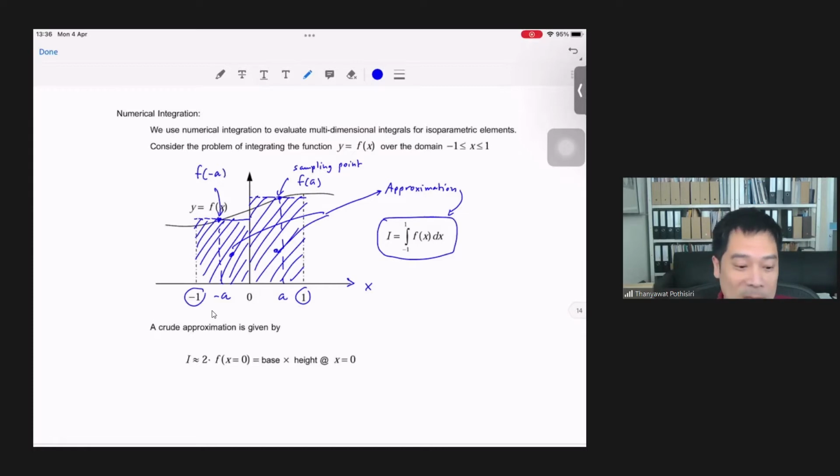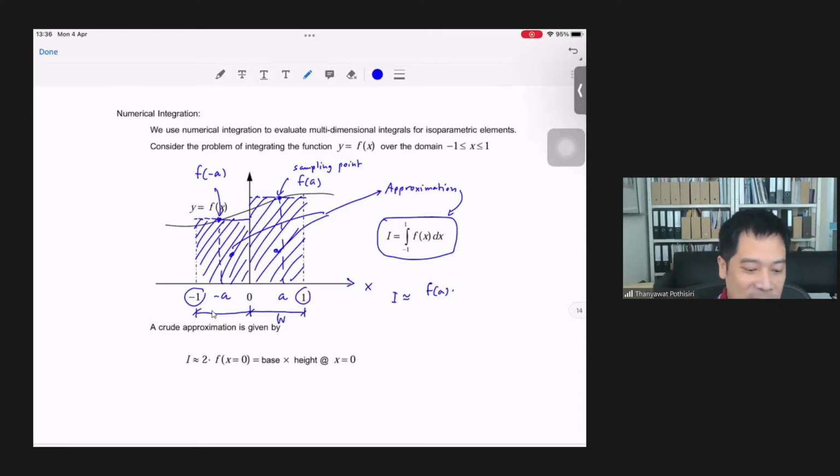And in order to compute the approximation of this integral, you need to find this area, which would be fa multiplied with this width of the base.